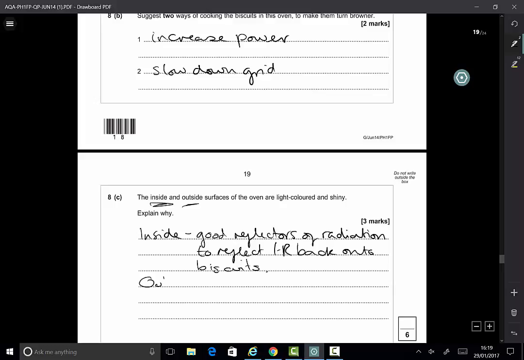Then on the outside, now remember the source of the infrared is on the inside, so we're not talking about reflection here, we're talking about whether it's going to give off heat well, and the light shiny surfaces are poor emitters of radiation, and that stops the heat being lost from the oven.